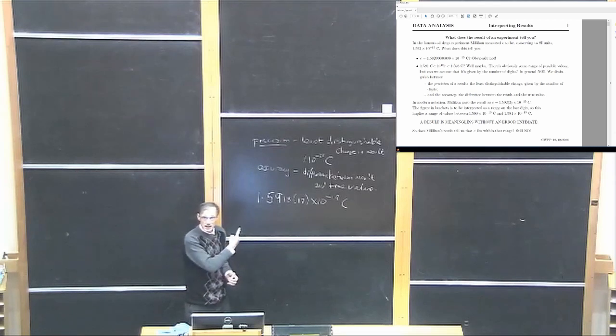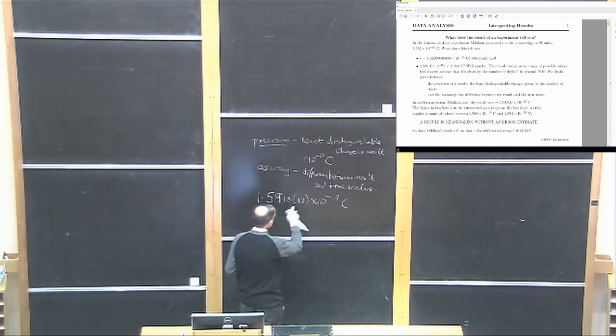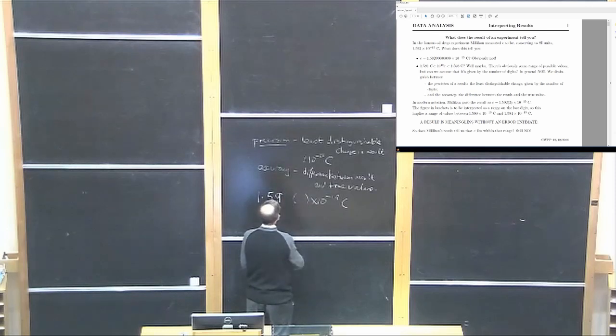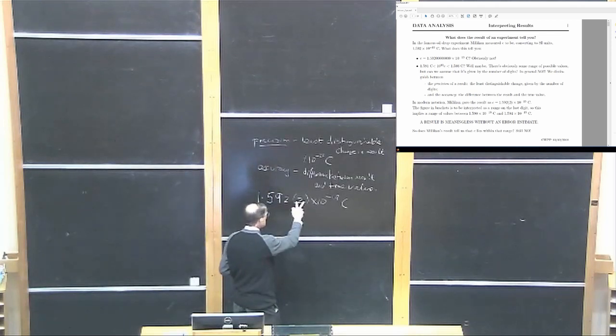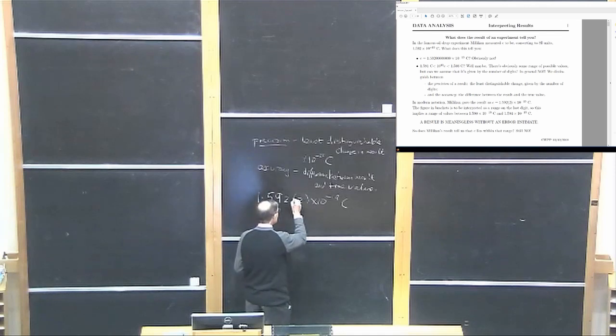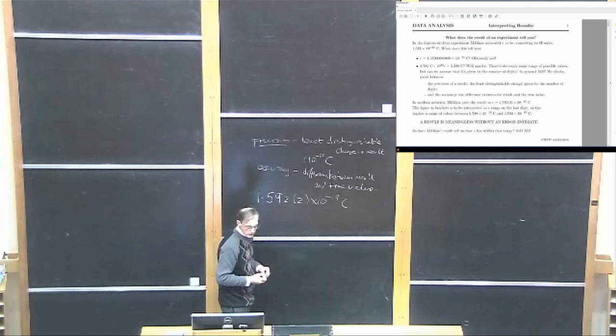So maybe that's actually what he measured, and then he thought, actually, that last digit isn't really doing anything. I might as well round the whole thing. I'll round that up to 2, and then I'll round that up to 2 as well. So you can give 2 digits there. You can give a number greater than 10 there, and that will still apply to the last digit and give you the error in the last digit.